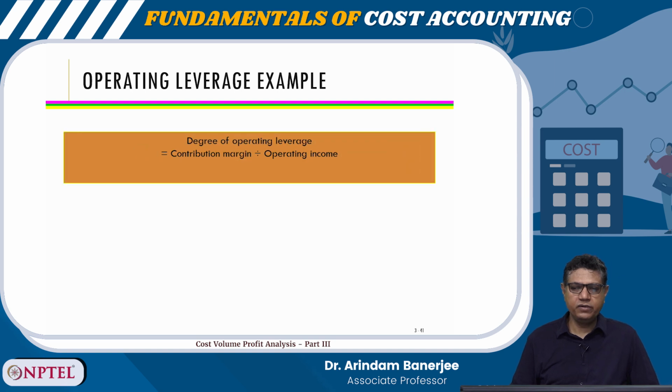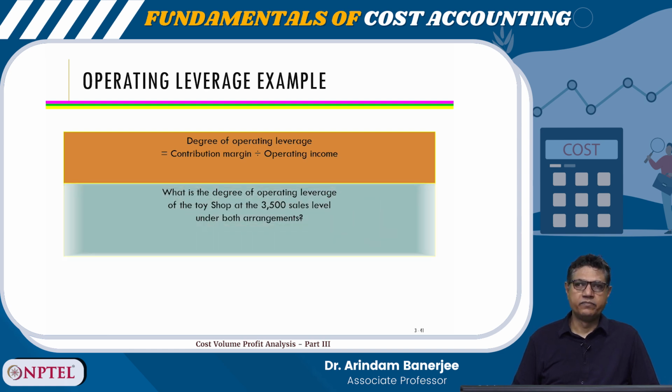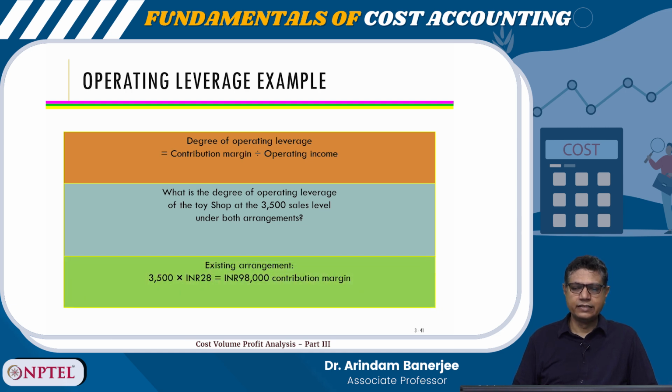One example. The degree of operating leverage we can calculate by dividing the contribution margin by the operating income. What is the degree of operating leverage of the toy shop, the example we were discussing, at the 3,500 sales level under both arrangements? The existing arrangement is 3,500 units and the contribution, if you remember, is 28 rupees.